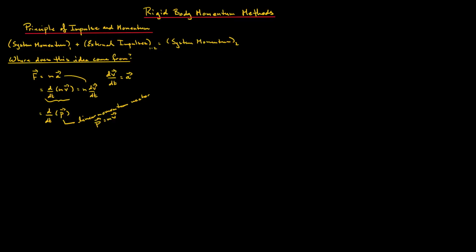But now what we're going to do is rearrange this so that we have the force multiplied by the differential time dt is equal to dp, the change in momentum. And we're going to integrate between time 1 and time 2.